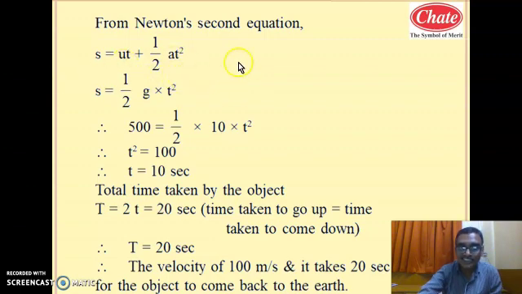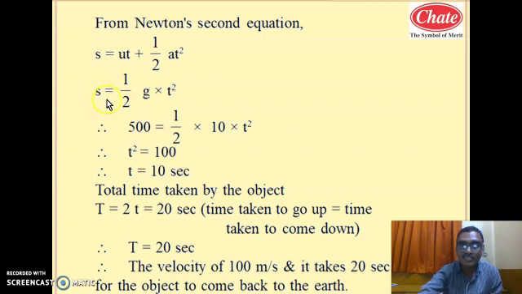Here the motion is considered from top to bottom, which is like a free fall condition. Initial velocity is 0 and final velocity is the same as the initial velocity with which the object is thrown. So s equal to half gt square. Here in place of a we are taking g. Downward motion is acceleration, and upward motion is retardation. As we are using plus g, it means downward motion.